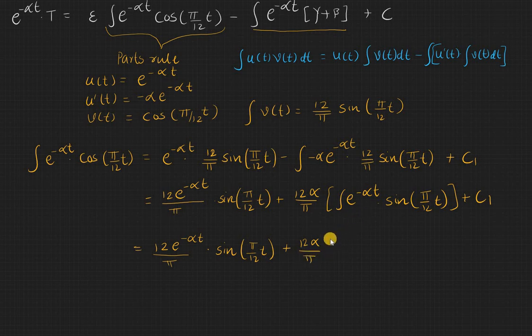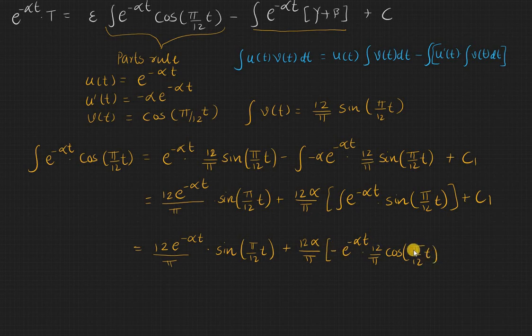Now into the bracket we are using the same integration by parts rule, so we will have minus e to the power minus alpha t into 12 by pi cos of pi over 12 into t.